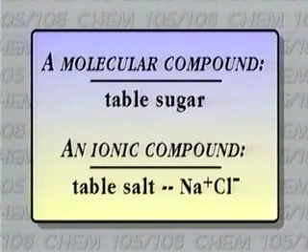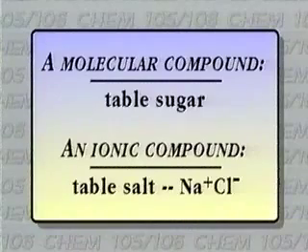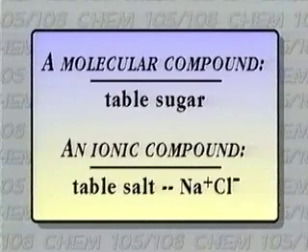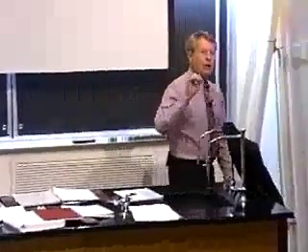And so table salt is not a molecule. Table salt is made up of groups of these sodium charged particles accompanied by chloride charged particles. And in a later chapter, we'll talk about how we can identify or determine which of these a compound is. There are some tests that we can do.